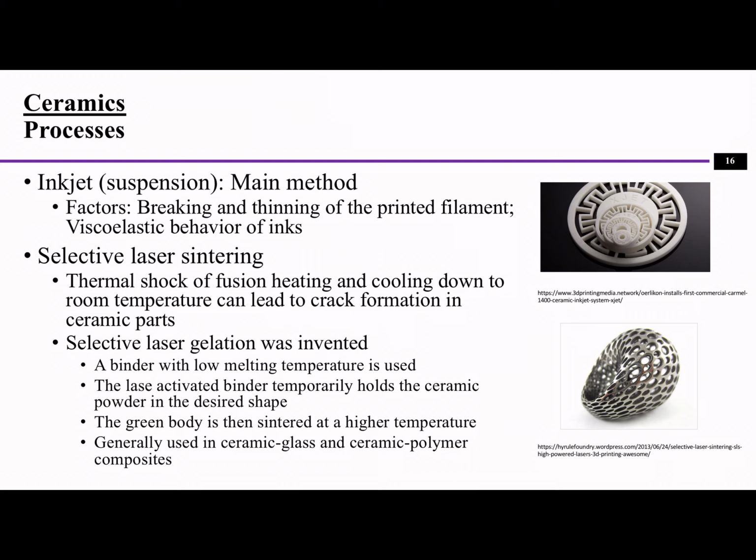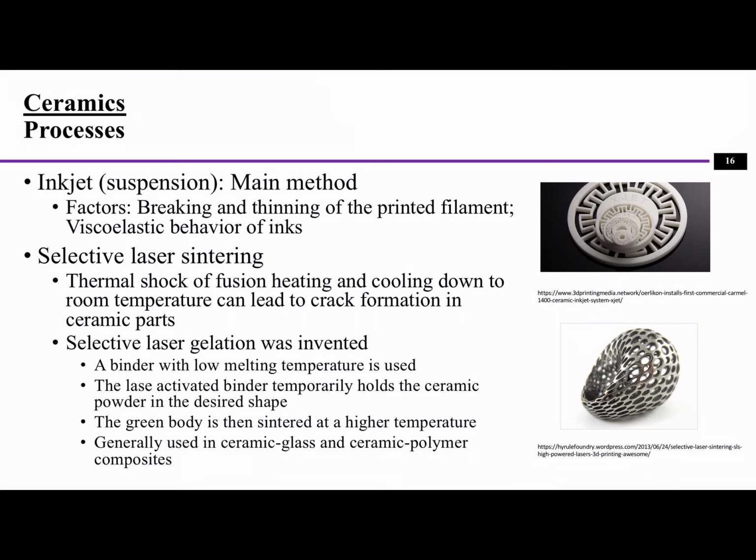Some of the research has been going on to create a process called selective laser gelation. This process uses a binder to create a gel of the material, and then uses the laser to create the shape of the part.